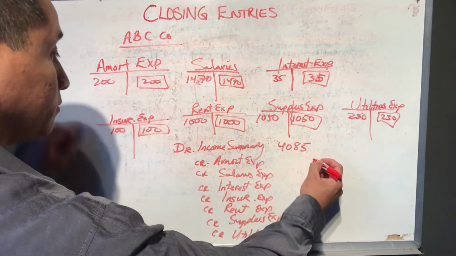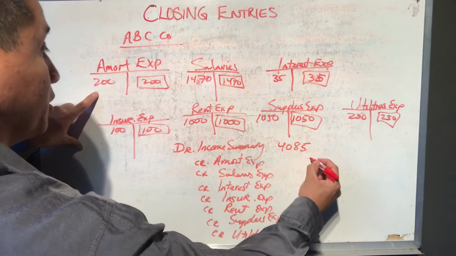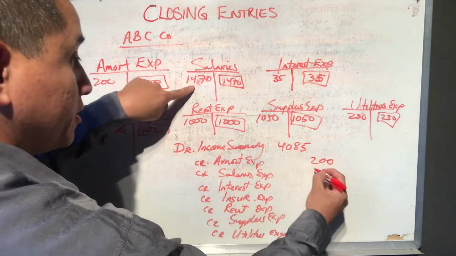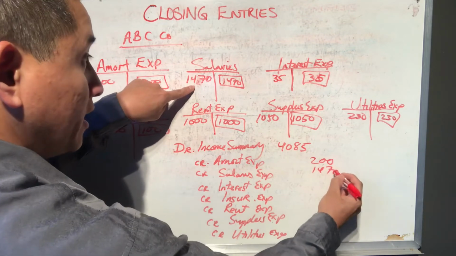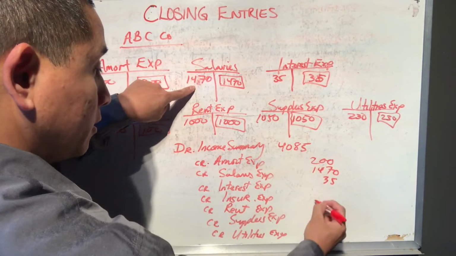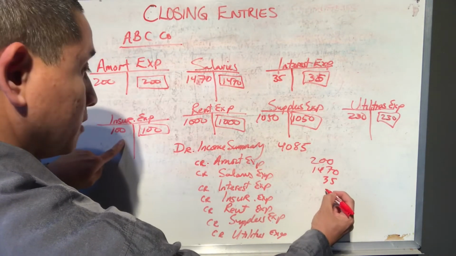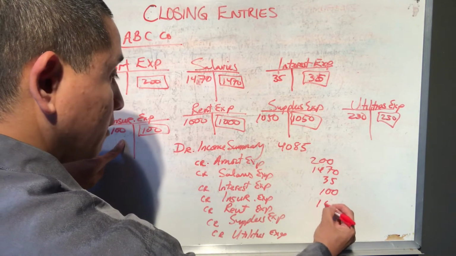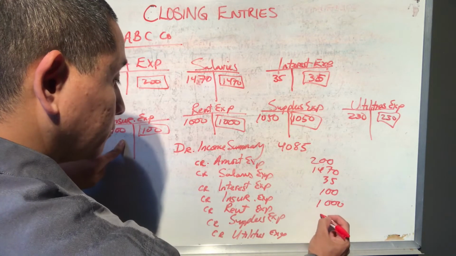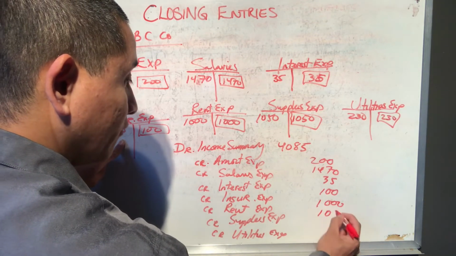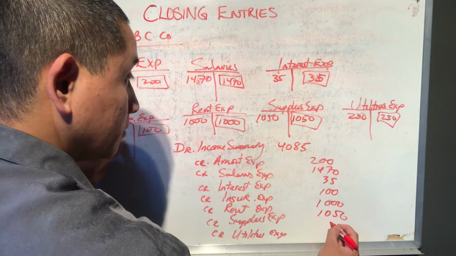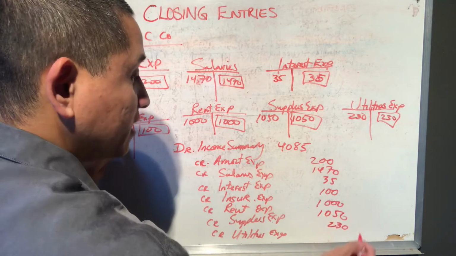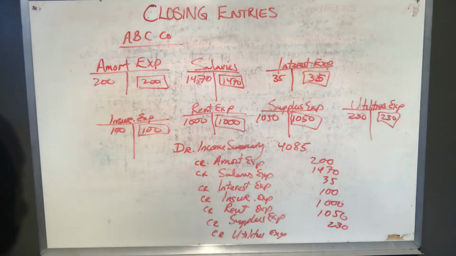So, in this case, amortization 200, salaries 1470, interest at 35, insurance of 100, rent of 1,000, supplies of 1,050, and lastly, utilities of $230.